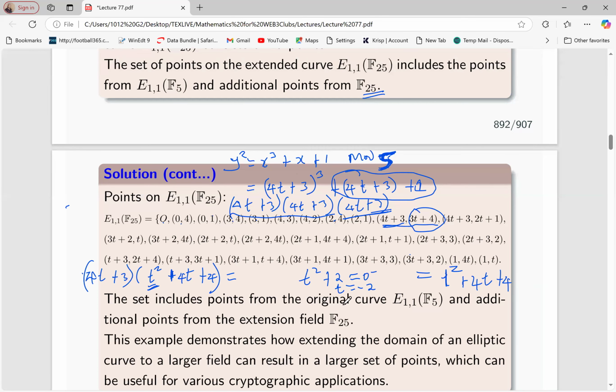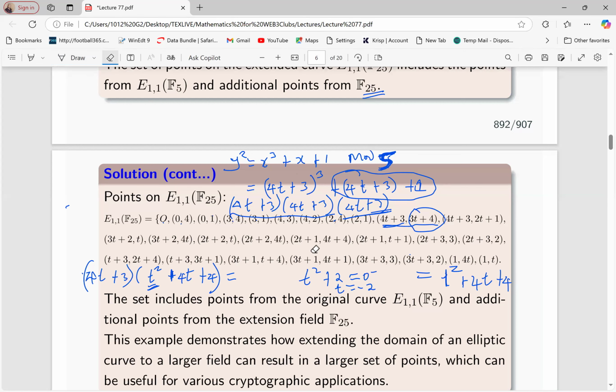So where there's t squared, you can always put negative 2. That is the easiest way of doing this, so that we reduce our polynomial and don't work with this. So this one will be negative 2.